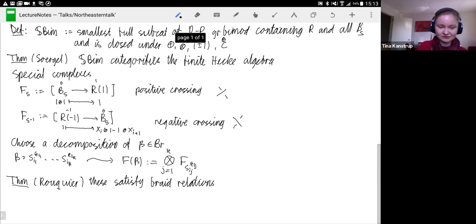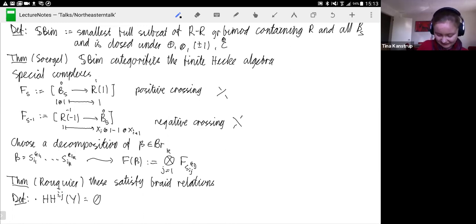Okay, so how do we cook up a link invariant from these? For that, we use Hochschild homology. Let's recall the definition.